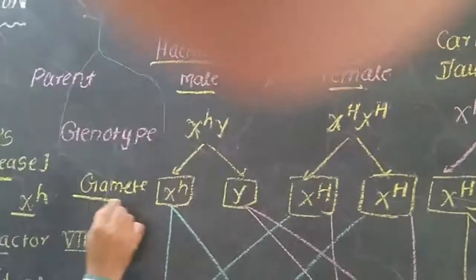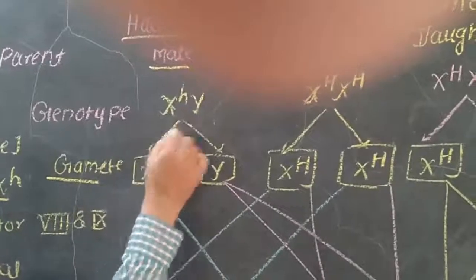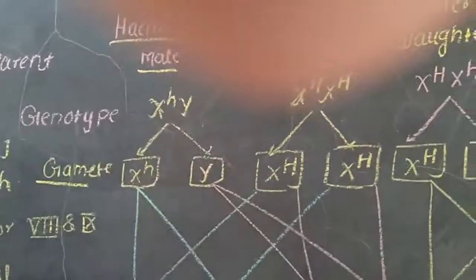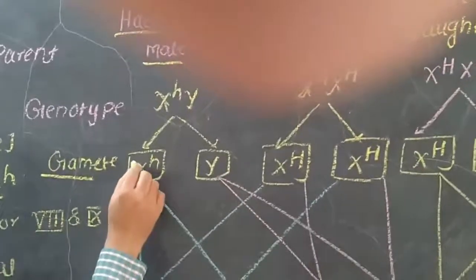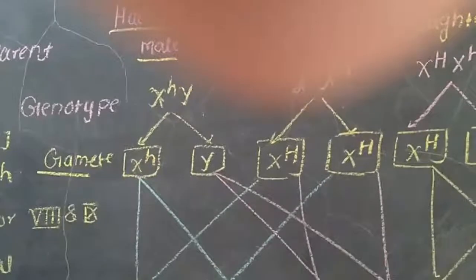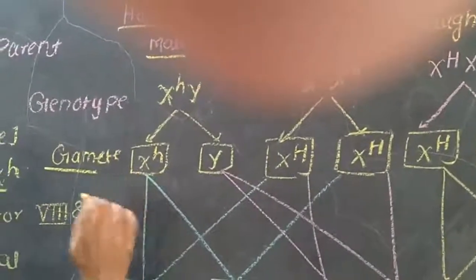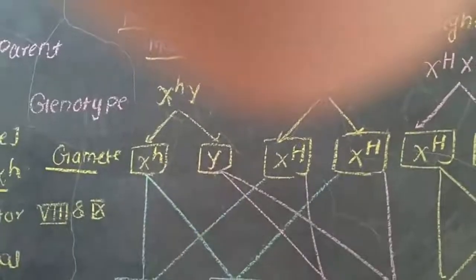Now the next process is gamete formation. Two types of gametes, two types of sperms, will be produced. One sperm contains the recessive gene present on the X chromosome, and the other gamete contains the Y chromosome.